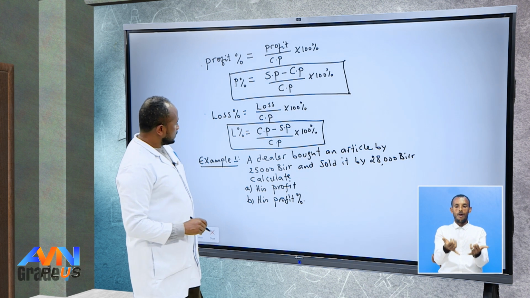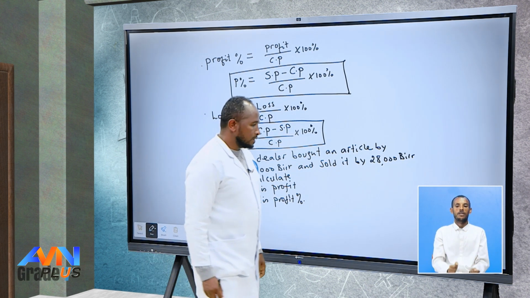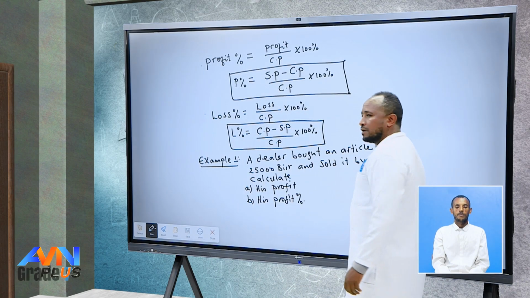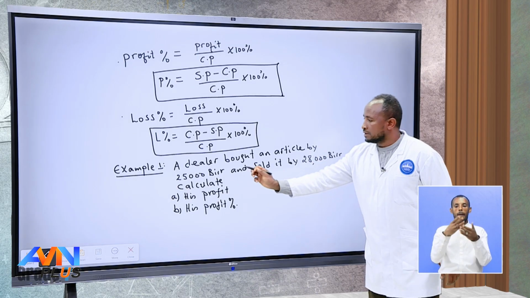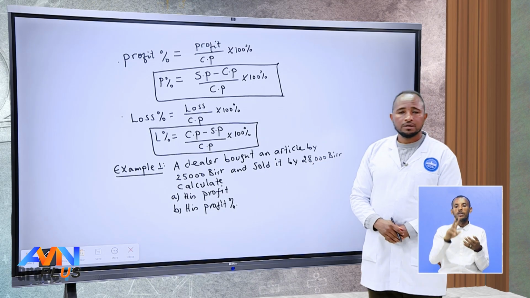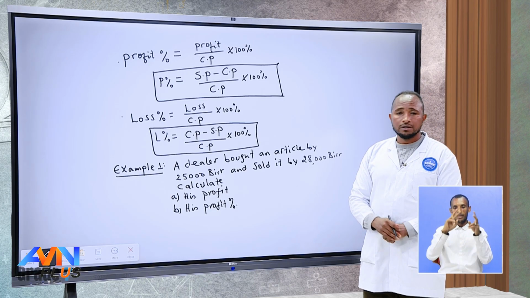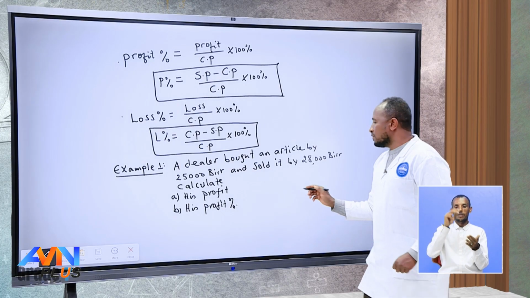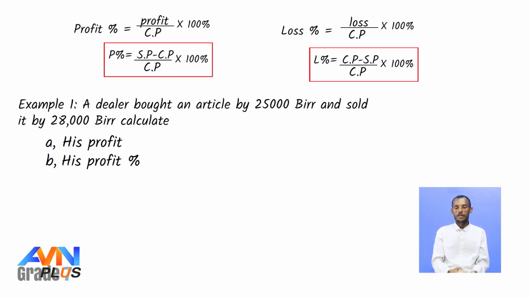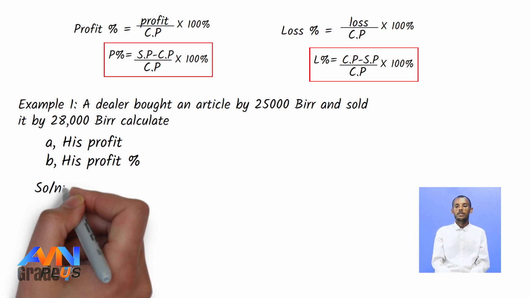Now, let's try this question together. Here, the dealer bought an article by 25,000 birr. It is a price at which an article is bought. Therefore, it is the original cost, or it is cost price. Therefore, here, solution, the cost price is given.